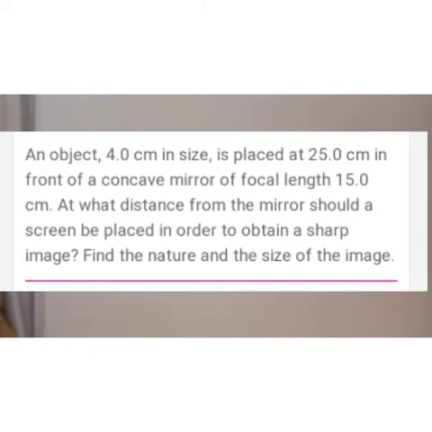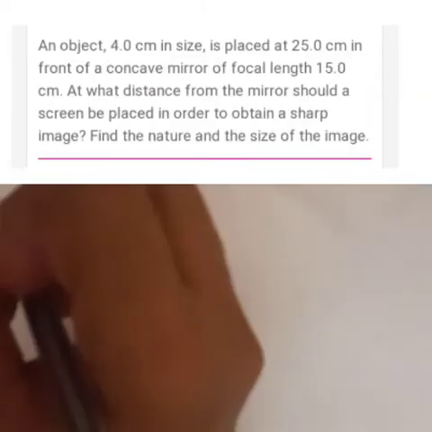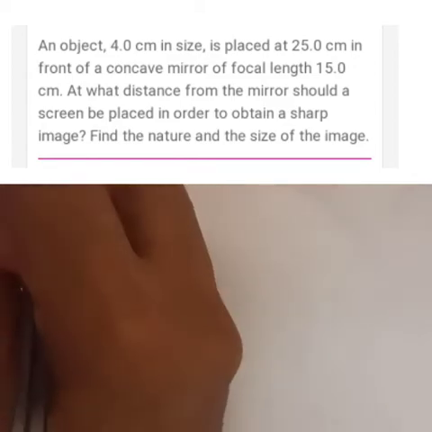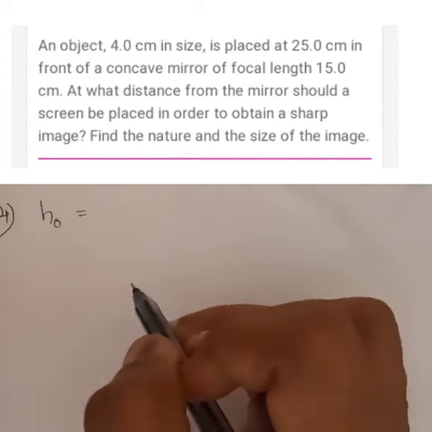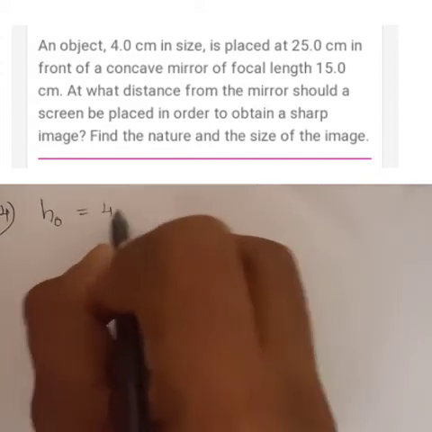An object 4 cm in size. So what is 4 cm? 4 cm means object size, that is HO. HO is equal to 4 cm.